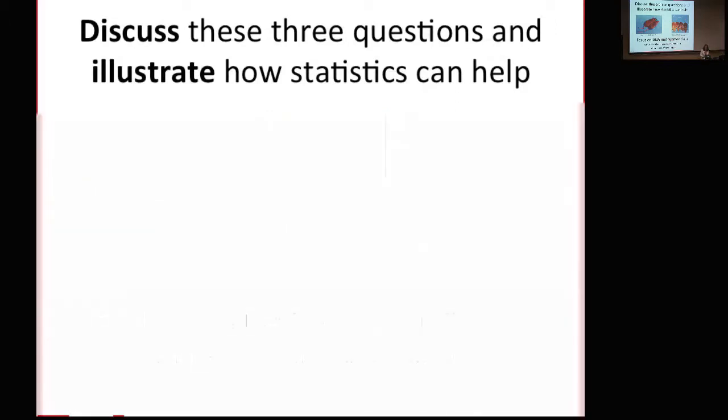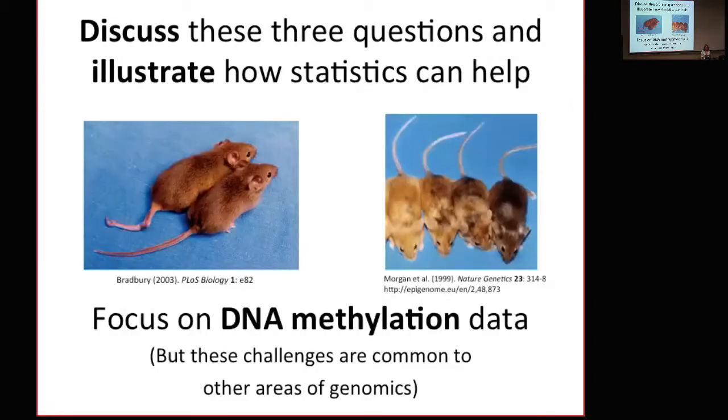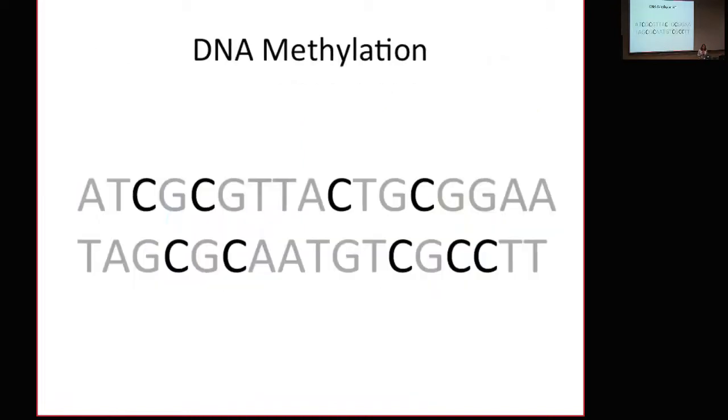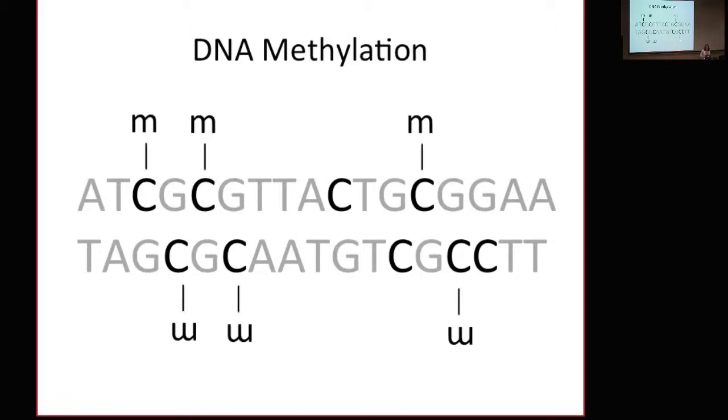So DNA methylation is also involved in controlling gene expression, such as turning genes on and off, and it's also involved in the progression of cancer. So this is a really high overview of DNA methylation. Let's consider a double-stranded segment of DNA. DNA methylation is the process in which you add a methyl group to a cytosine base that's next to a guanine base.